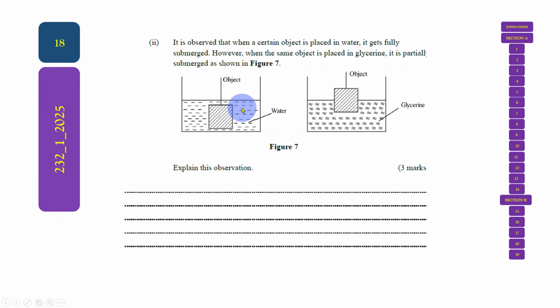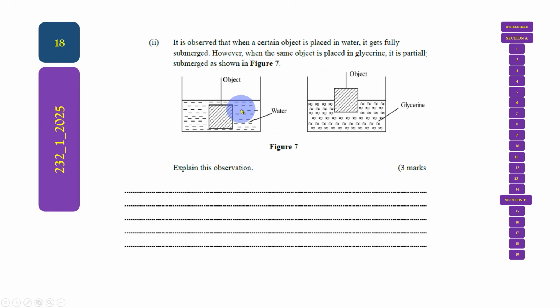When it is in water, it is completely submerged and probably supported by a piece of thread. But when it is in glycerin, it floats. In such a case, you might not even need this thread, but it is floating. You're asked to explain this observation.